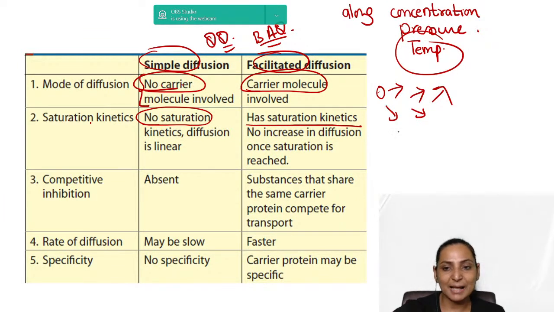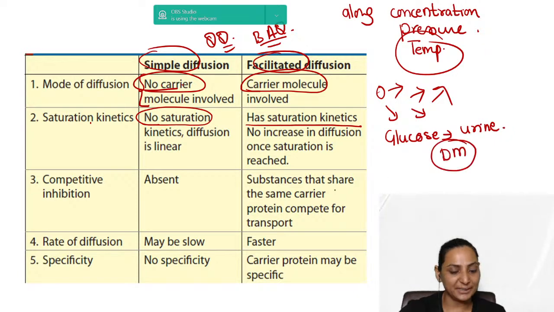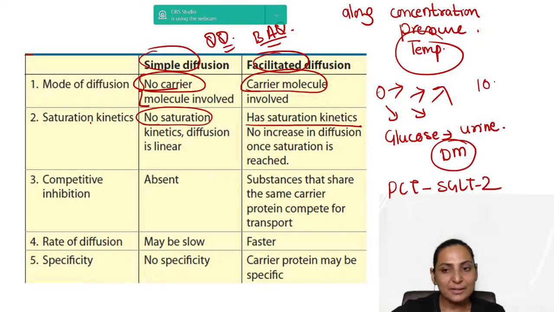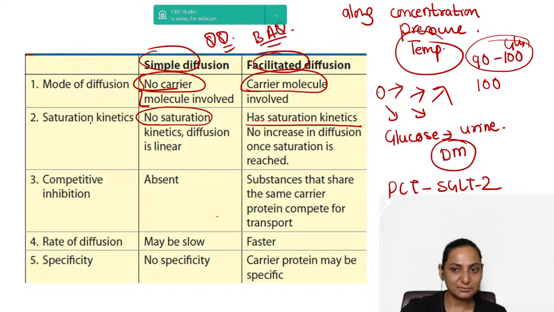A very common example which you should know in your applied aspect is the glucose which comes in urine in the patient suffering from diabetes. What occurs? This glucose is reabsorbed from the PCT with the help of your SGLT2, right? Now suppose there are 100 carrier molecules and there are about 90 to 100 glucose. What will happen? All the glucose will be reabsorbed, right?